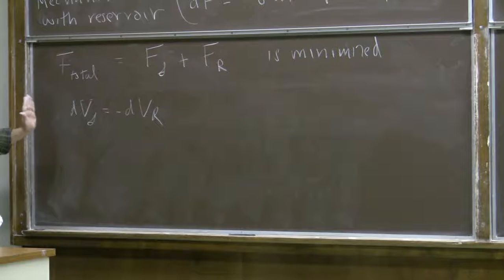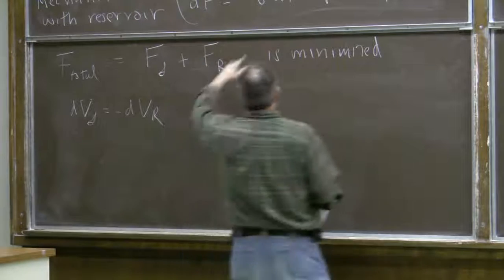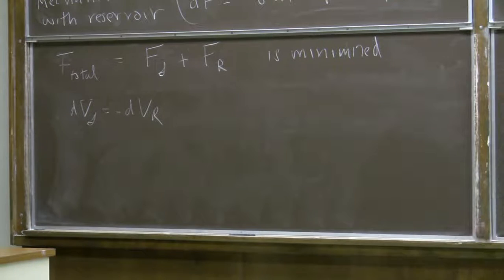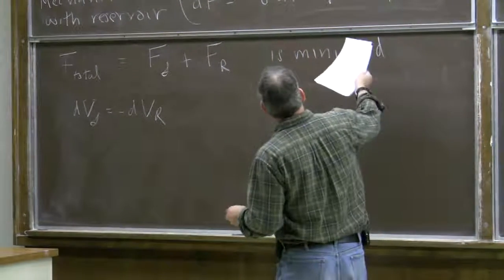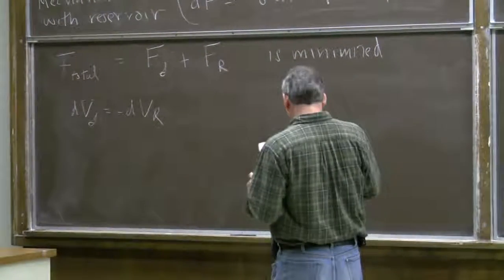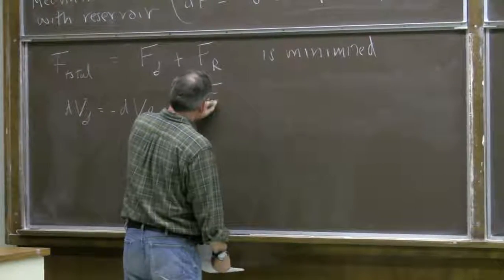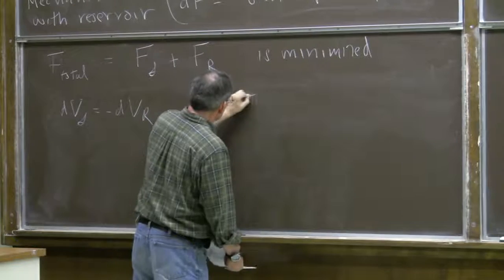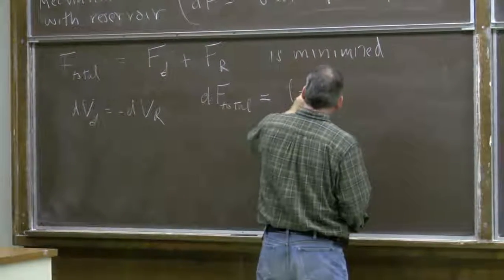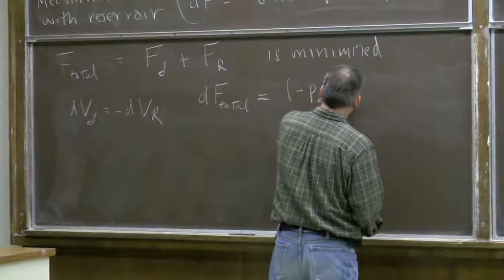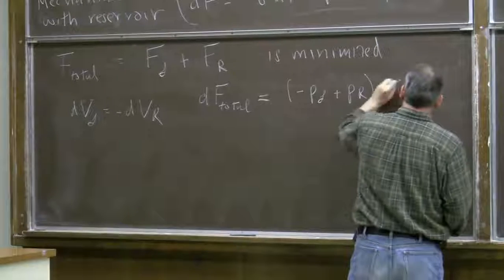So as we change the volume of the system, the reservoir has some fixed pressure P. The first order change in the total Helmholtz free energy will be minus the pressure of the system plus the pressure of the reservoir, times the change in the volume of the system.